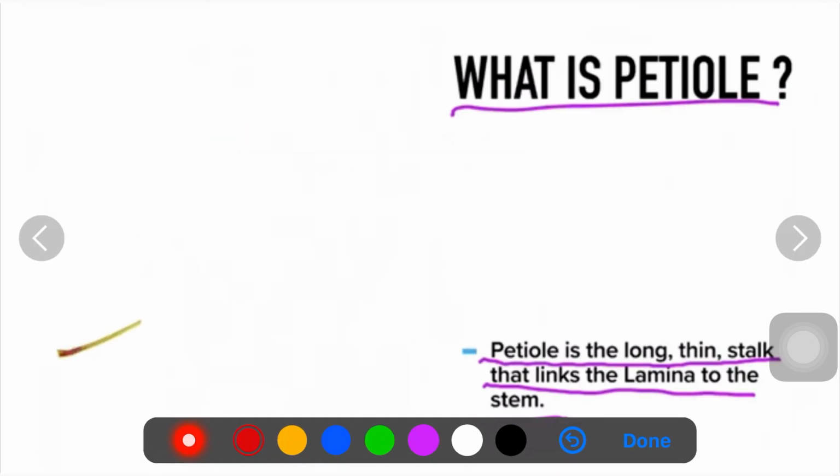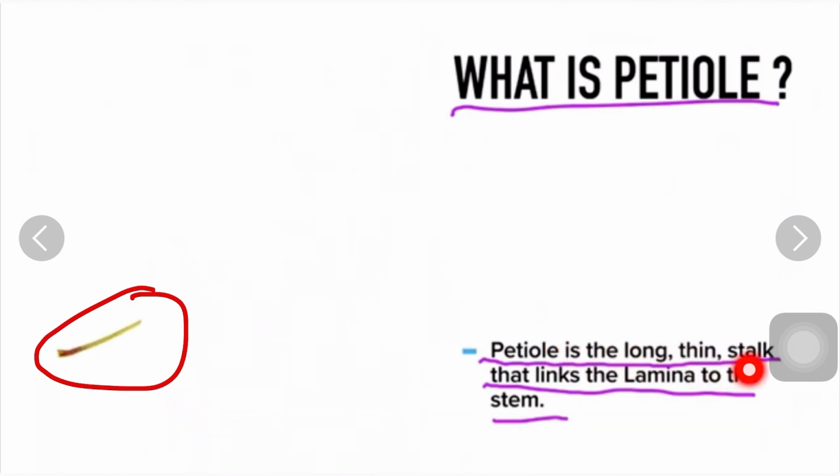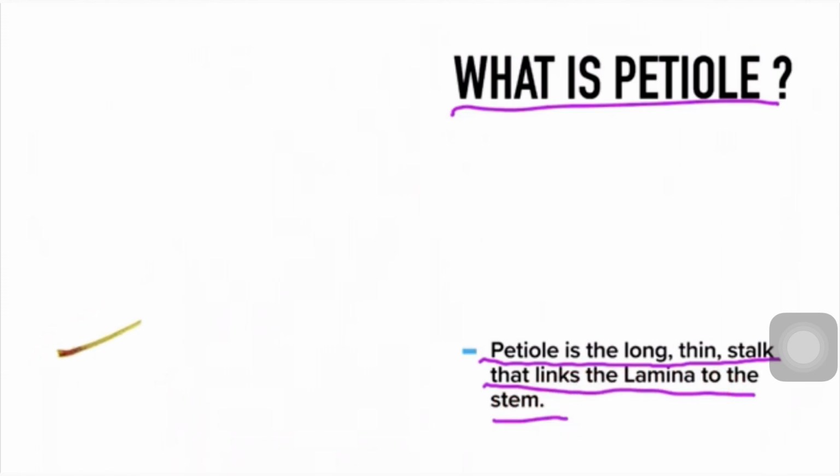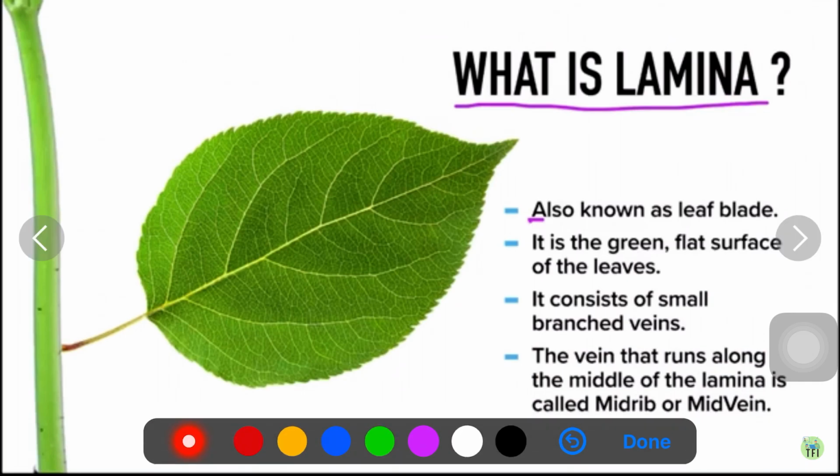Now let us see what is the petiole. As you can see in the image, this is the petiole. The petiole is the long, thin stalk that links the lamina to the stem. What is the lamina? The lamina is also known as the leaf blade.